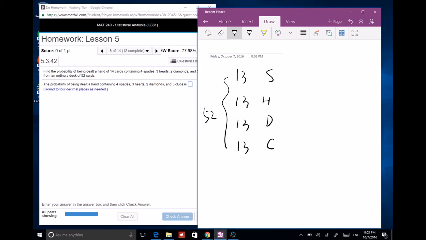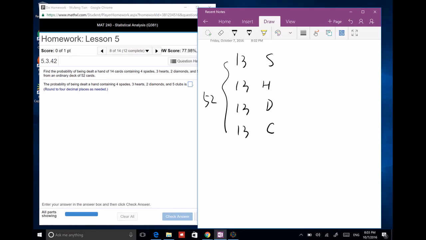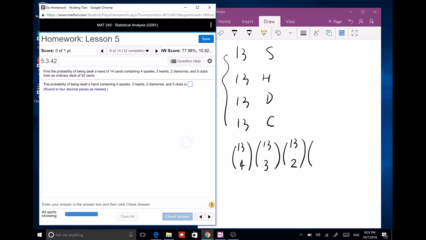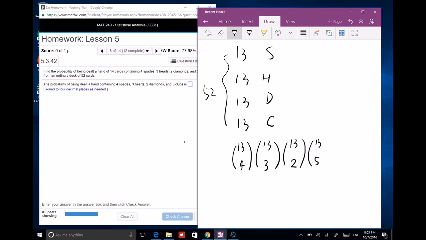Now it says containing 4 spades, so you choose 4 from 13. Contains 3 hearts, choose 3 from 13. Contains 2 diamonds, choose 2 from 13. Contains 5 clubs, choose 5 from 13. Then the total sample space, the probability, equals that.